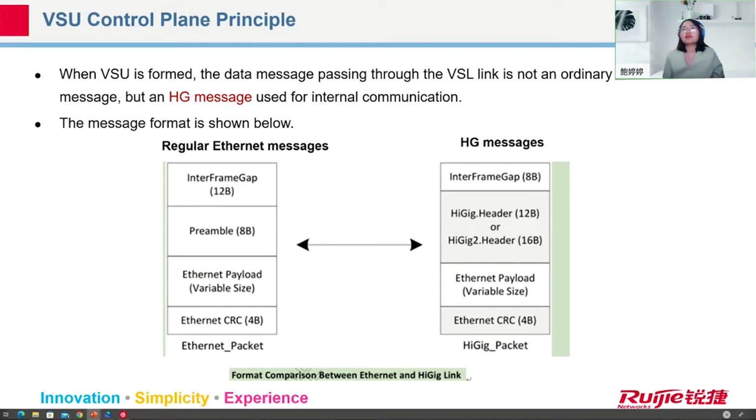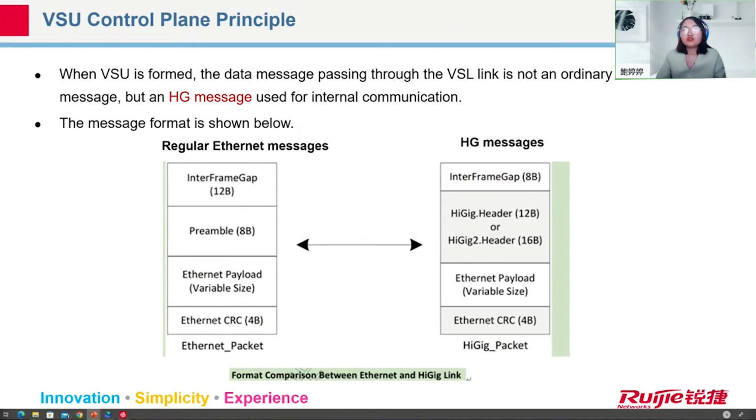When we connect with the access switch, it will forward to us using an ordinary Ethernet message, with the source and destination MAC address, source and destination IP address, something like this. But after the message is transferred to the first VSU member, it checks the forwarding table, and then we find that we have to send this message to another member of the VSU. We have to do a new encapsulation, using the HG message.